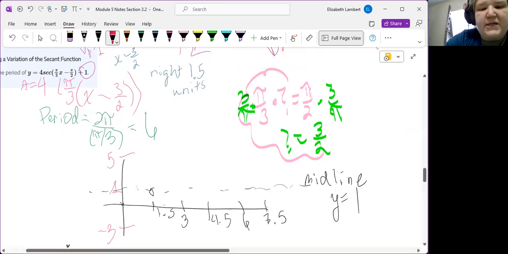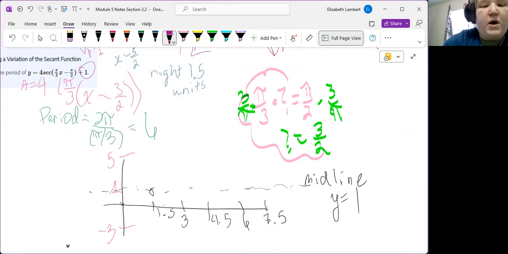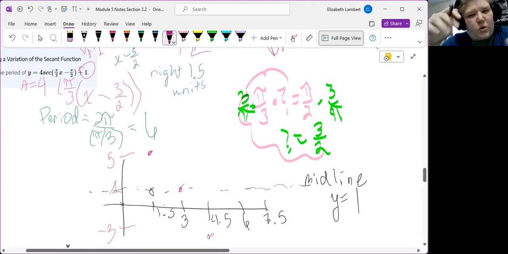I got my starting tick number, all my other ones. So the actual graph will start 1.5 units to the right and up 1 plus the amplitude. Then at our next tick mark will be at our 0 line, which is 1. Our next tick mark will be down here at -3. The next one will go up to the new 0 line, which is at 1. And then 7.5 will go back up to 5.